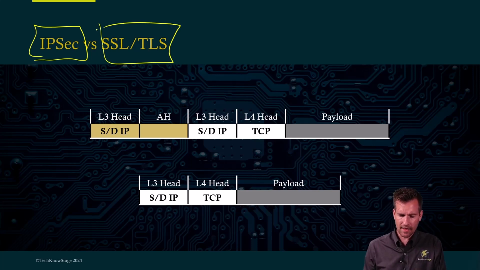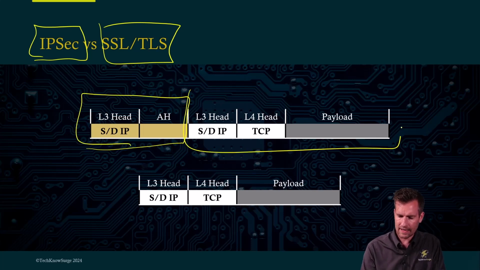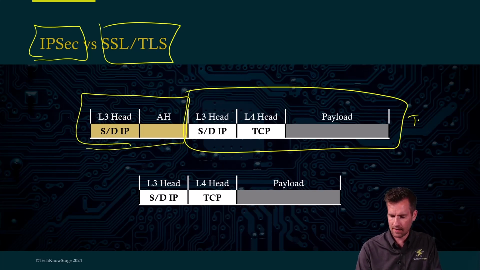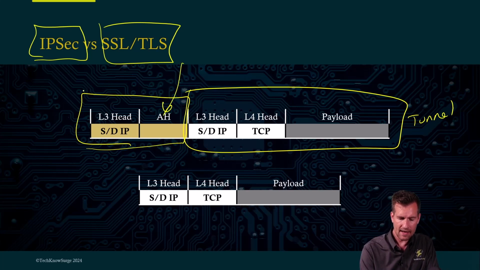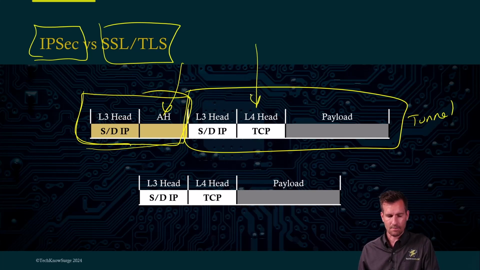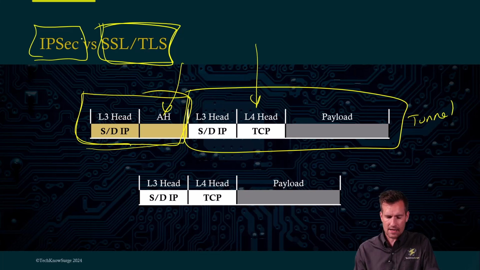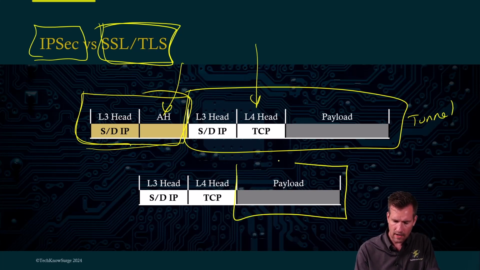IPsec, as we saw in another video, we add a layer 3 header to what already exists, at least when we're in our tunnel mode. So in tunnel mode, which is the more common of the two, we add this extra header to this and we encrypt this part of the packet. Now SSL/TLS works quite a bit different. It encrypts it at the payload area right here.